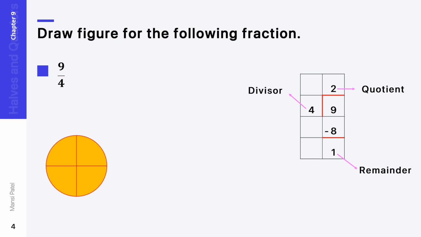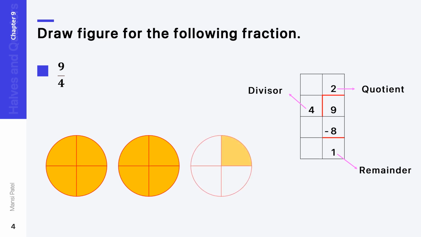But here you see how many parts are there? 4 parts. Out of these 4 parts we are shading all 4 parts. So draw one another circle. Now see here, again this 4 plus 4 is equal to 8. But we want to shade 9 parts.